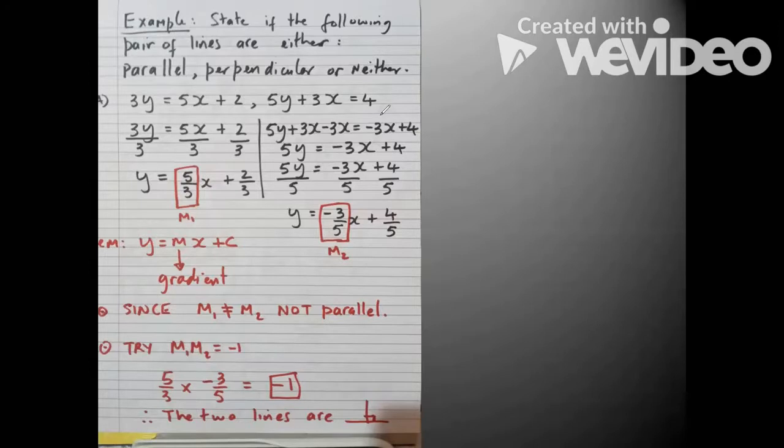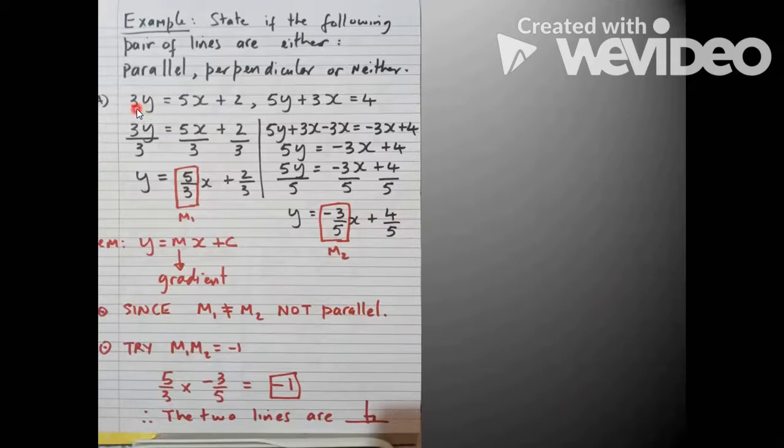All right, so we have these two lines here: 3y equals 5x plus 2, and 5y plus 3x equals 4. Essentially, what we're going to have to do is put everything in the form y equals mx plus c. So as you can see, it is already y equals mx plus c, only that it's not really y, it's actually 3y.